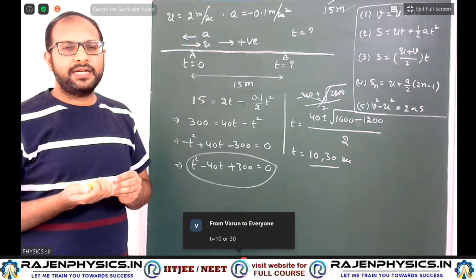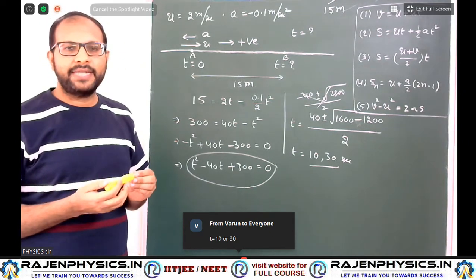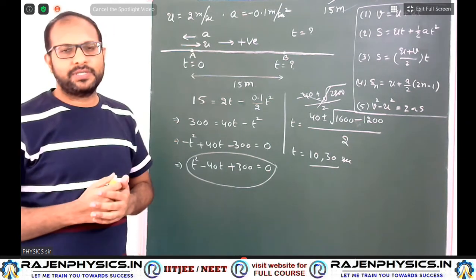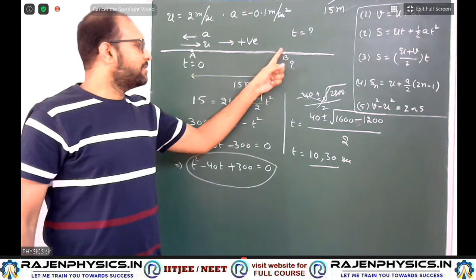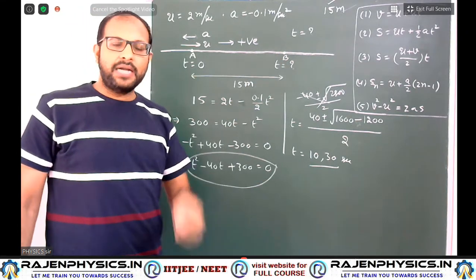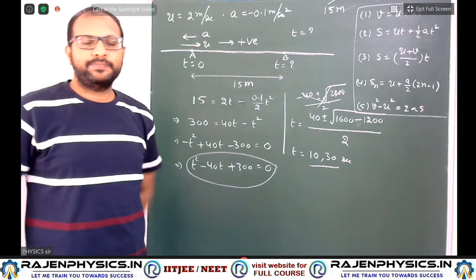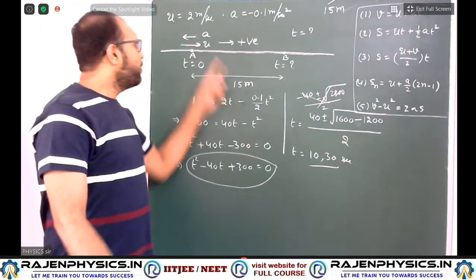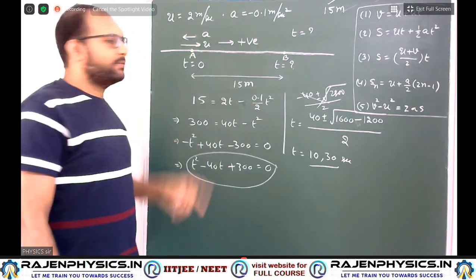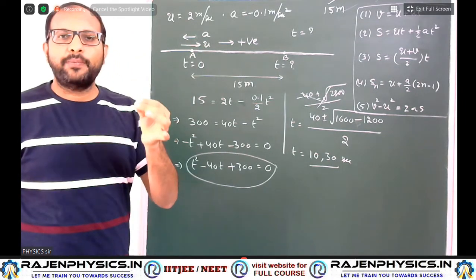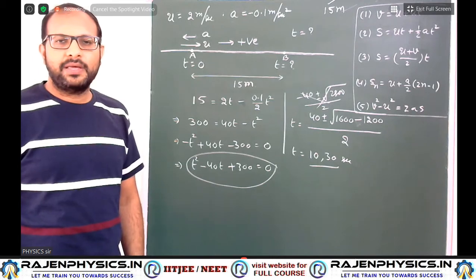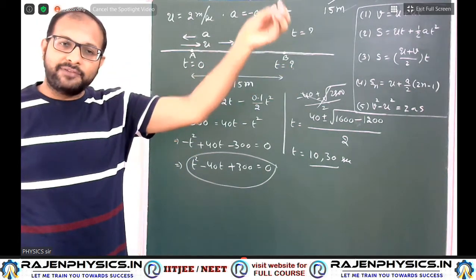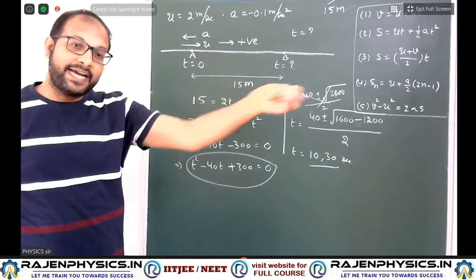Yes, one student says 10 or 30. That means both times: at the 10th second and also at the 30th second. Because, as I told you, velocity and acceleration are opposite. That means the body not only goes forward, then comes to rest, it takes a return journey also.